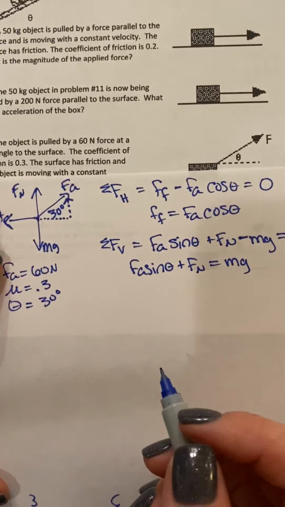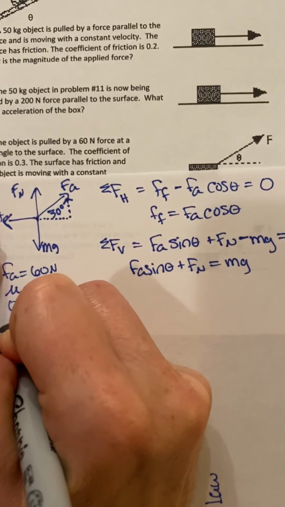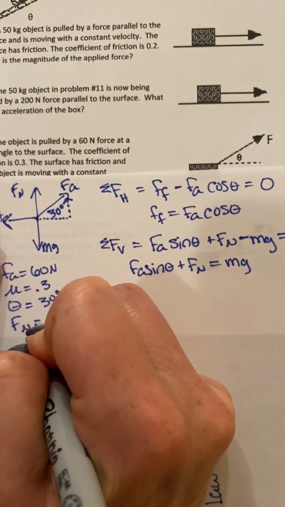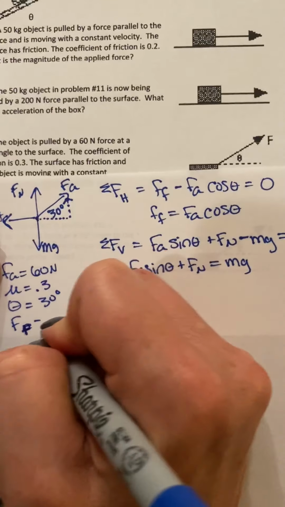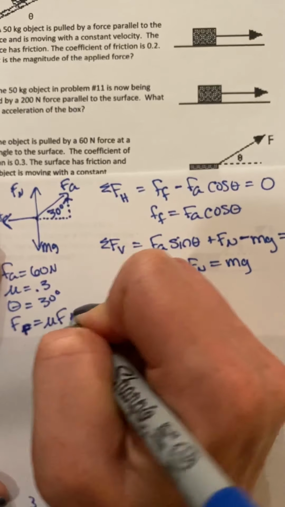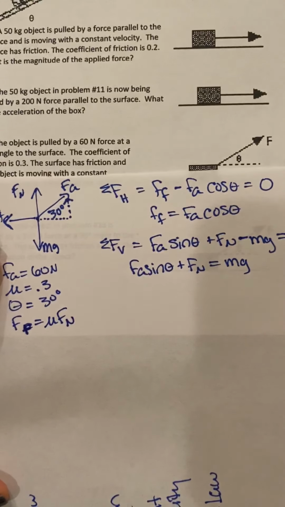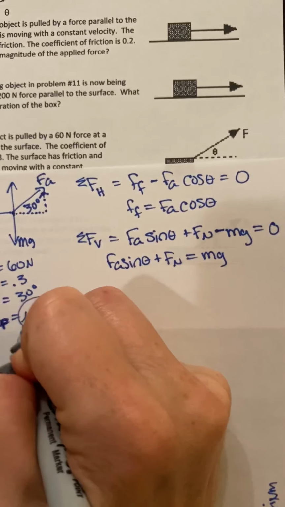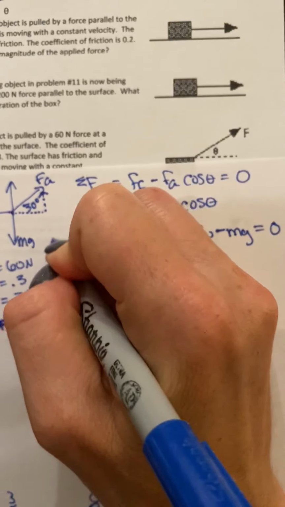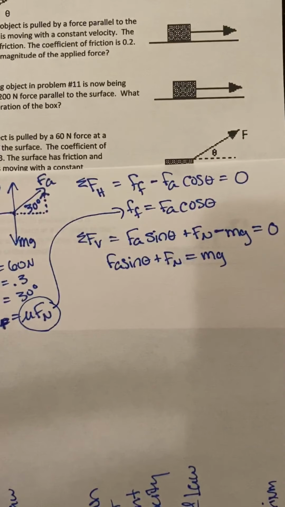Because it's giving me my mu, you can also assume that we're going to use our frictional force equal to our coefficient times force normal. And in this case, I'm going to substitute that in. So I'm going to take this and substitute it in here.